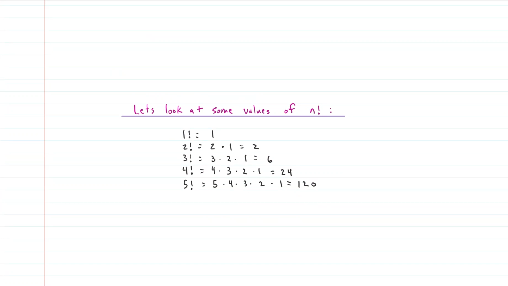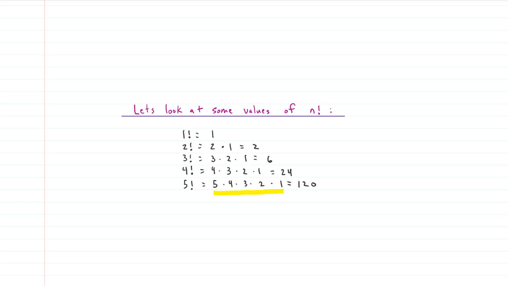Let's look at some of the values of n factorial. 1 factorial would just be 1. 2 factorial would be 2 times 1. 3 factorial would be 3 times 2 times 1, 4 factorial, 4 times 3 times 2 times 1, and 5 factorial, 5 times 4 times 3 times 2 times 1. Something that's interesting here is that there's a lot of repetition, right? In 5 factorial, we have 5 multiplied by 4, by 3, by 2, by 1.